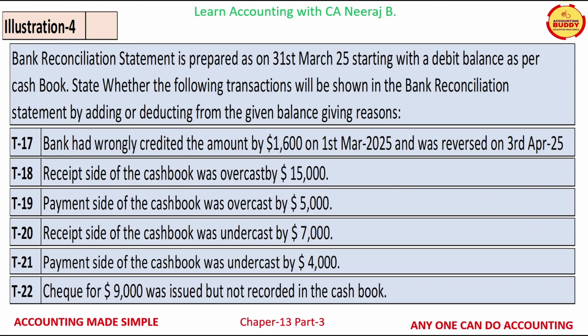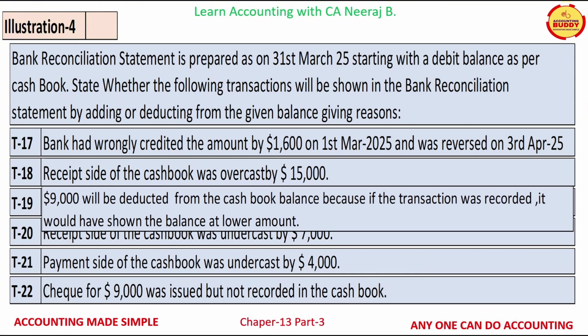T22 unmatched transaction is check for $9,000 was issued but not recorded in the cash book. If we analyze this transaction, $9,000 will be deducted from the cash book balance because if the transaction was recorded, it would have shown the balance in the cash book at a lower amount.